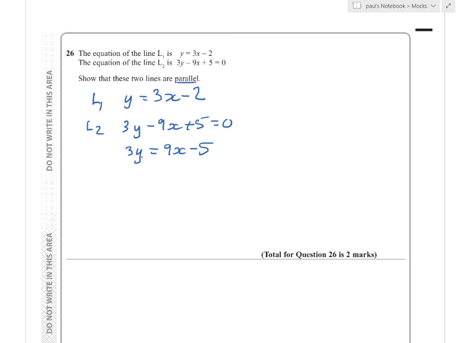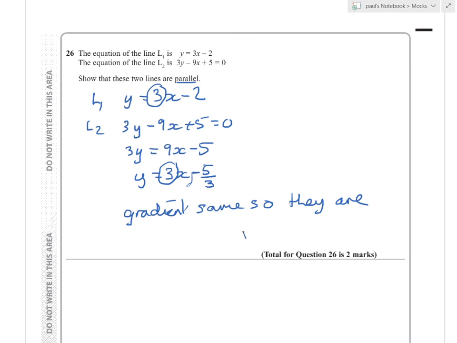I need to divide by 3 to get a single y. So dividing by 3, I get y equals 3x minus 5 over 3. Now, because this number and this number, the gradient, is the same, they are parallel.